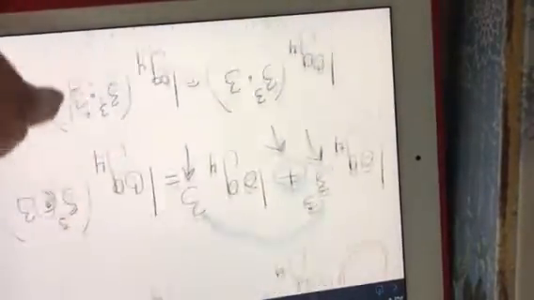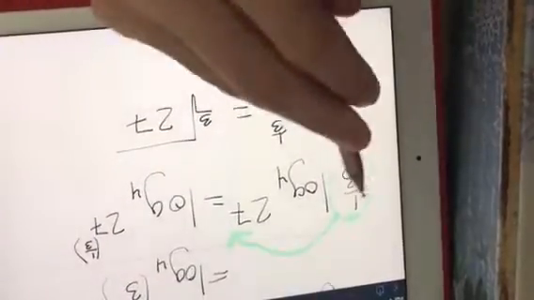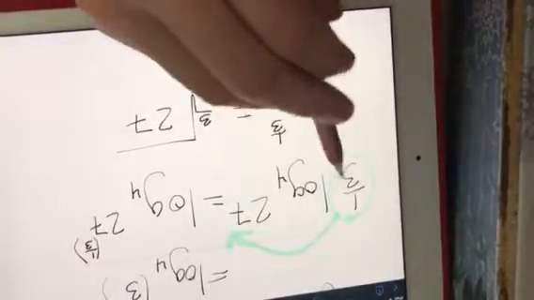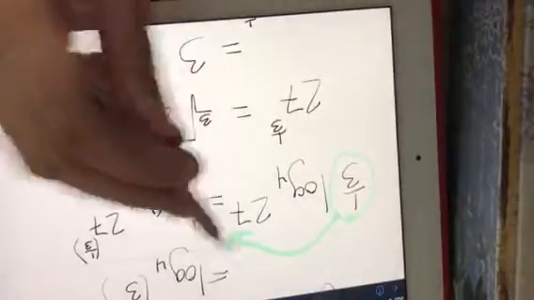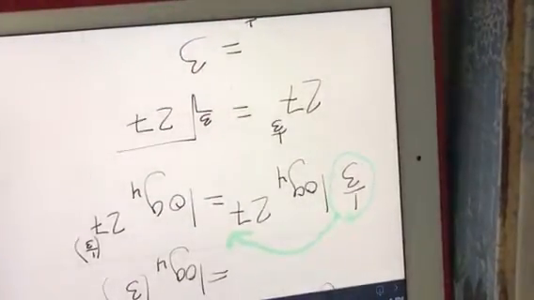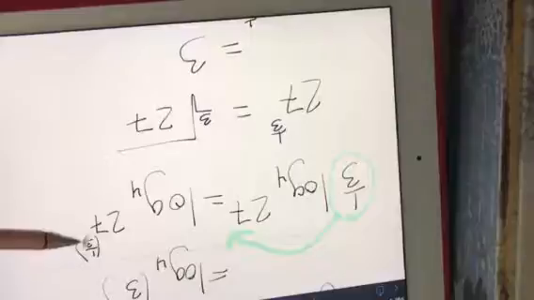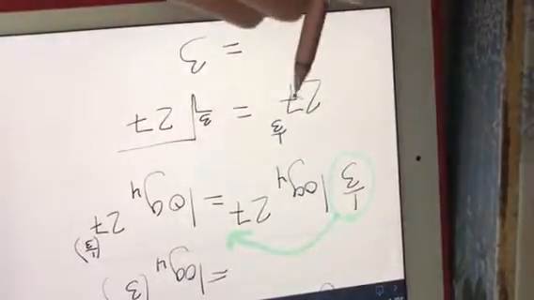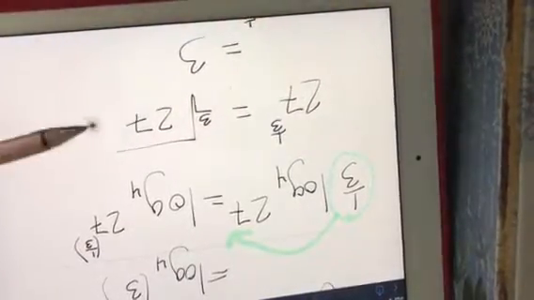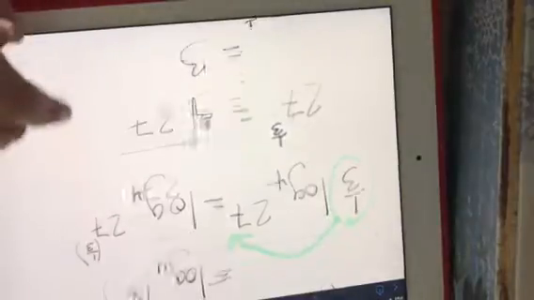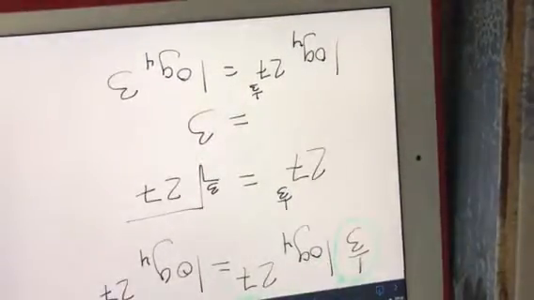Then we addressed this part, this 1/3 log. And just a reminder, we take that 1/3, the coefficient, and we turn it into the exponent. That's just a rule of logarithms. And raising something to the 1/3 is the same thing as finding the cube root. And so the cube root of 27 was 3.